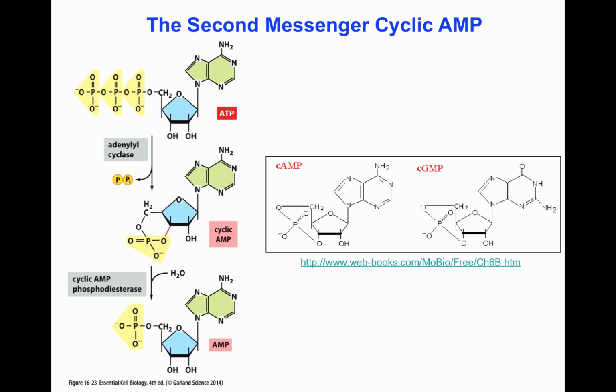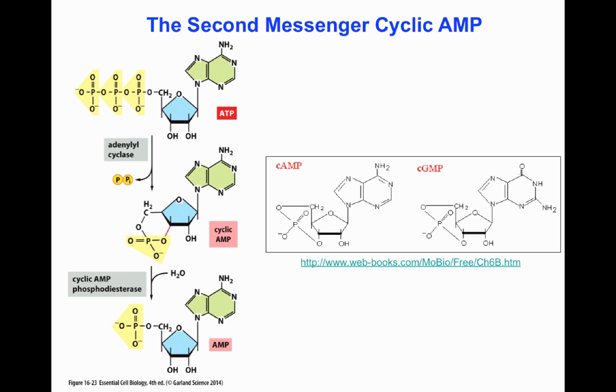So the phosphate is able then to make a bond with the 3rd carbon of the ribose molecule. That is the generation of the circle. The phosphate, as you know, is bound to the 5th carbon of the ribose molecule. And then by the effect of adenylyl cyclase, it catalyzes the reaction, generating a cyclical molecule where the phosphate is also now having a bond with the 3rd carbon of the ribose.